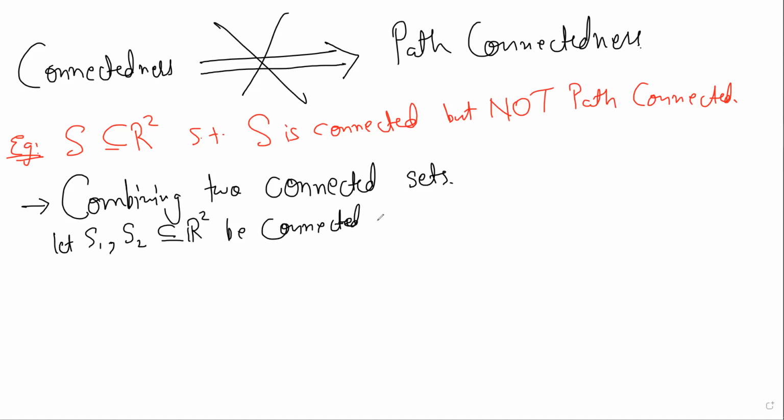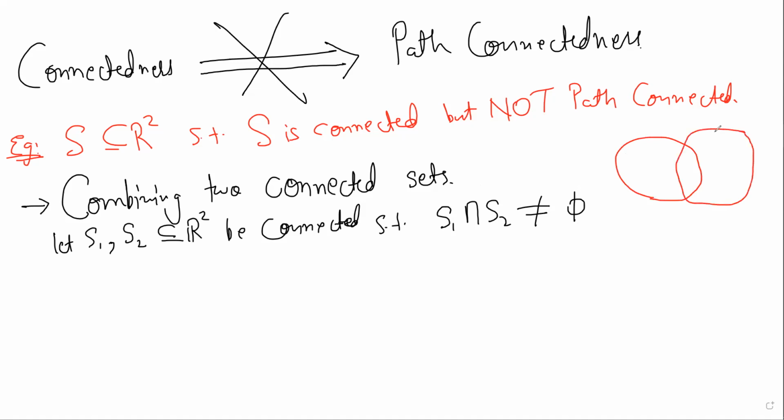Such that S1 intersection S2 is not empty. So they have a set theoretic intersection. That's not needed. In fact, closure and such can be set. But anyways, let's see. Such that this is non-empty, which means that S1 and S2 are like this, and they are intersecting. To keep it simple for now, intersecting.